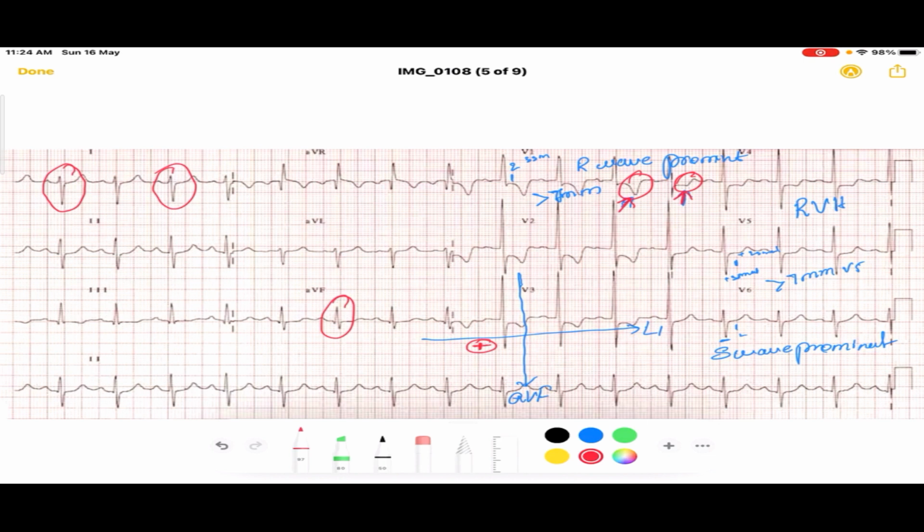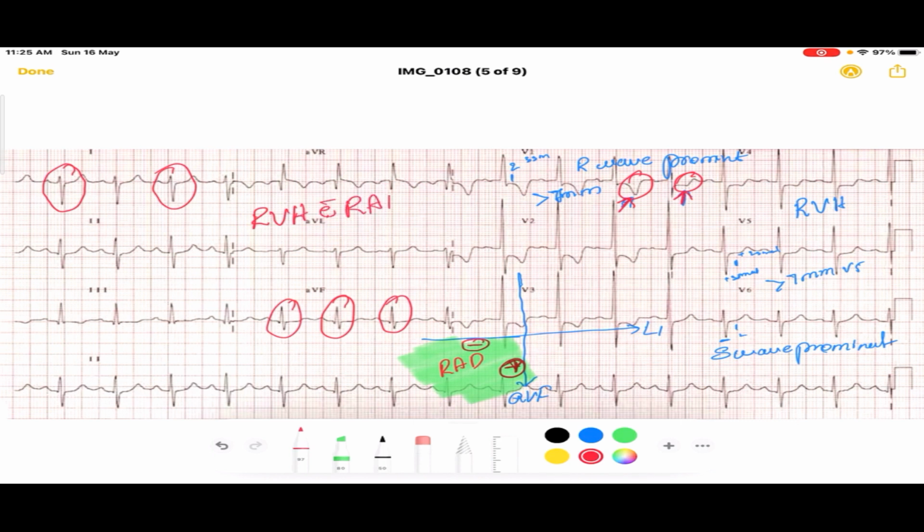So with a negative wave in lead 1 and a positive wave in AVF, it is in this quadrant, which is right axis deviation. So this is an ECG of right ventricular hypertrophy with right axis deviation.